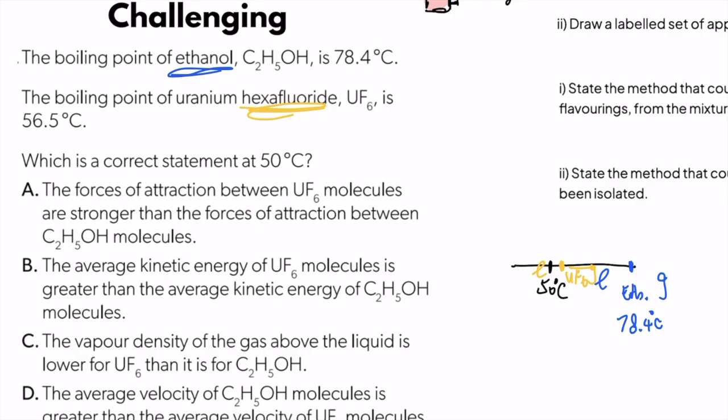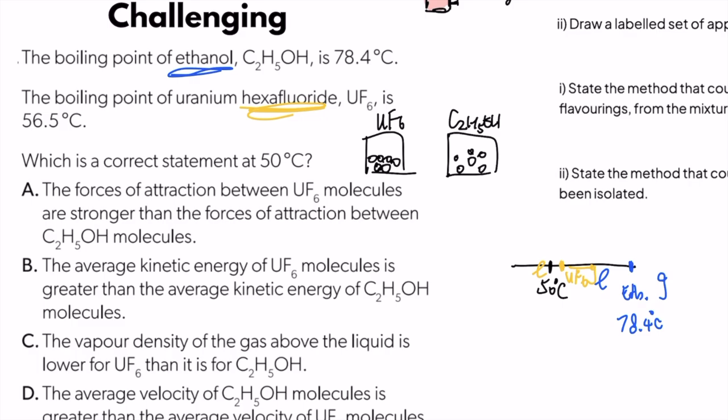The forces of attraction between UF6 molecules are stronger than the forces of attraction between the C2H5OH molecules. Let's visualize it. For UF6, it would be stronger, like this, and for C2H5OH, it would be like that. And so this would be incorrect.